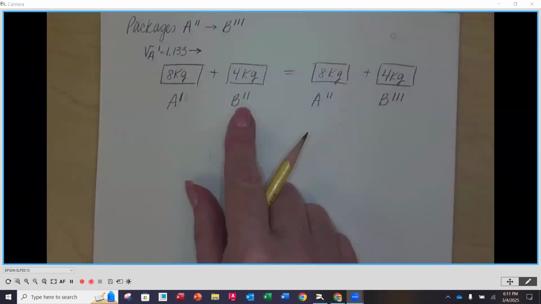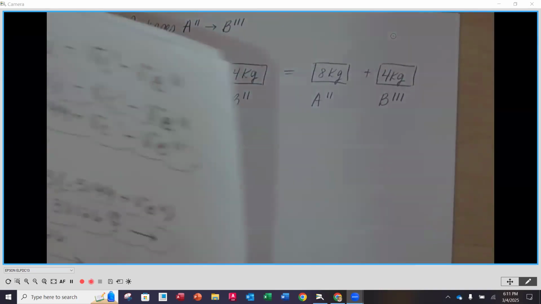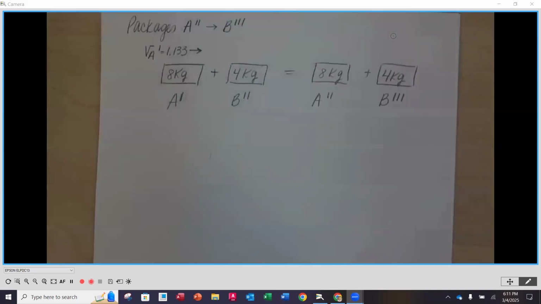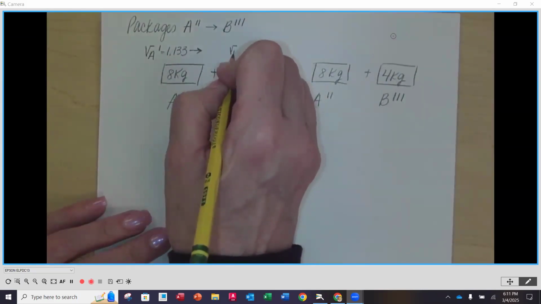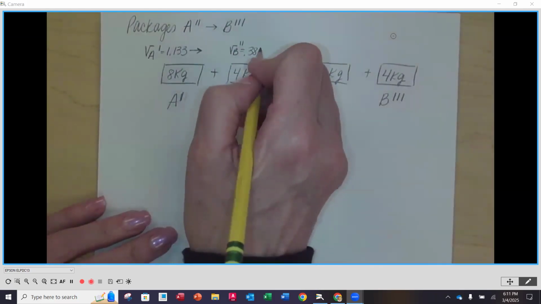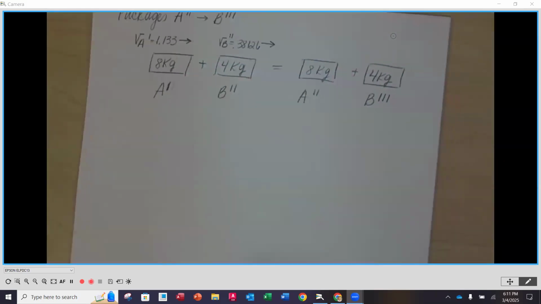Velocity B prime prime. We just found that one after it hit C. That one, 0.38126 going to the right. So this is going to be velocity B prime prime, 0.38126 going to the right.